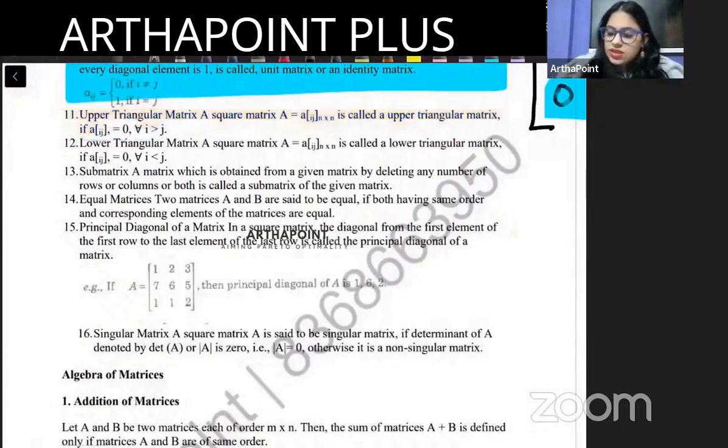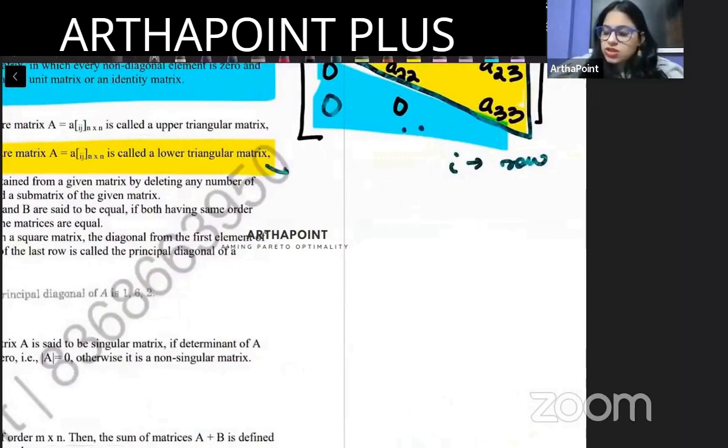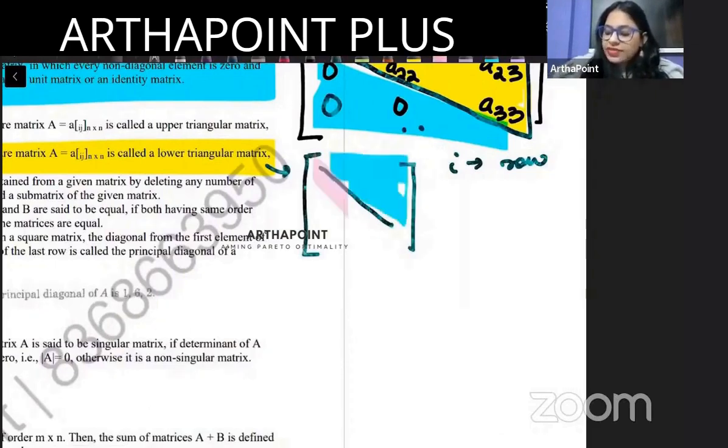The next one is the lower triangular matrix, just the reverse of this. You can make it yourself. In the lower triangular matrix, you will see that this part becomes 0 and this part will be non-zero.